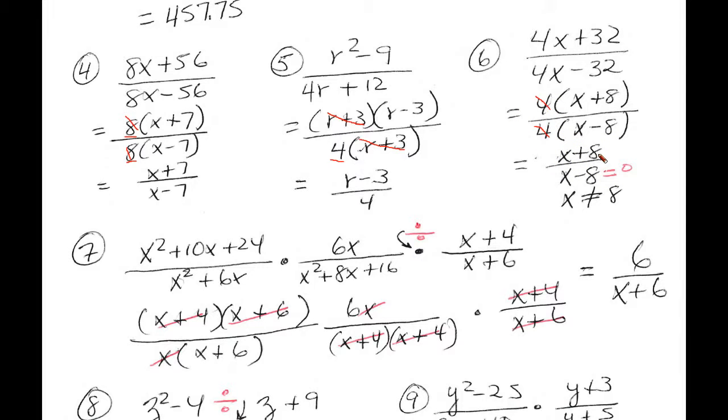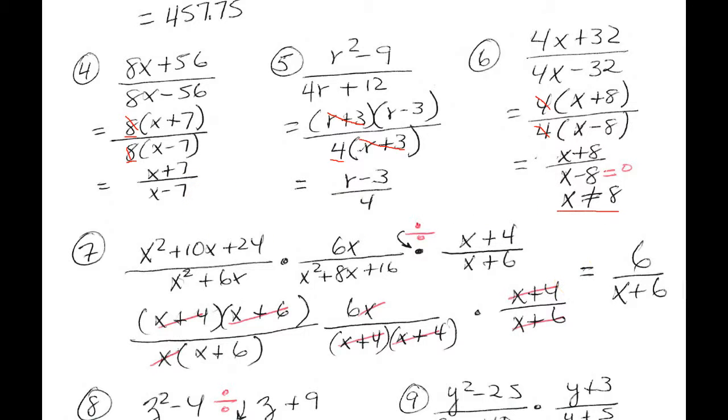But they also wanted us to indicate what restrictions we have in terms of x in our denominator. Well, we equate our denominator to 0, so x equals 8. So x could not be an 8. That would make it a 0 in the denominator. So therefore, there's our answer, and there's our restriction.